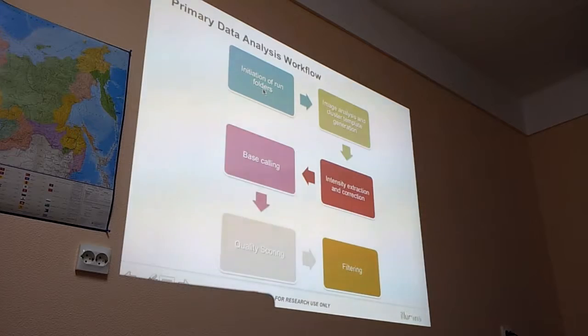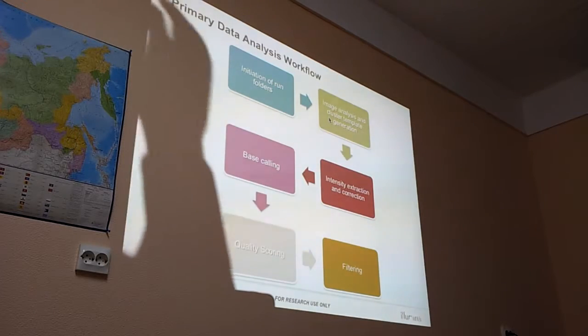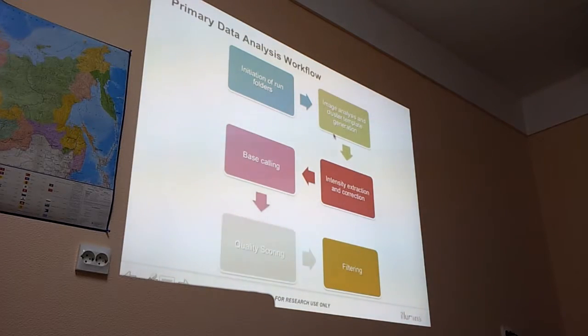So at the beginning of the experiment, you generate this hierarchy of folders. The big subfolder is the run folder where you find everything. And then in the first 5 cycles, we generate the cluster template.